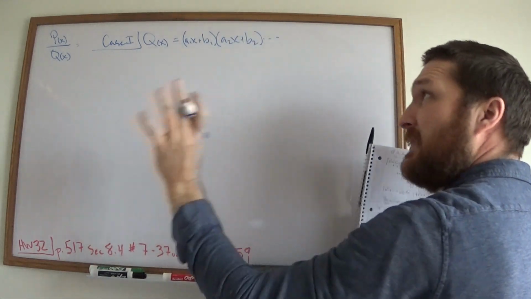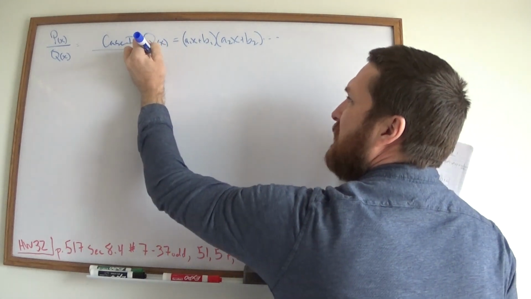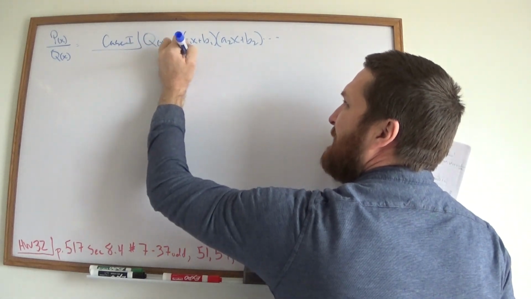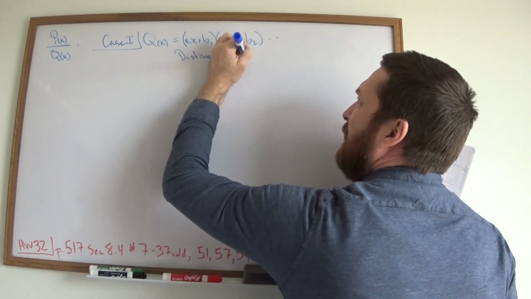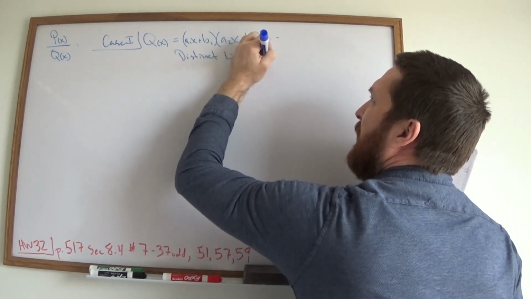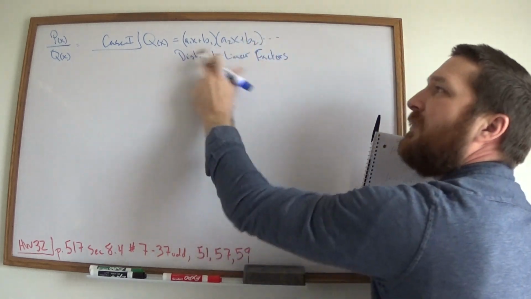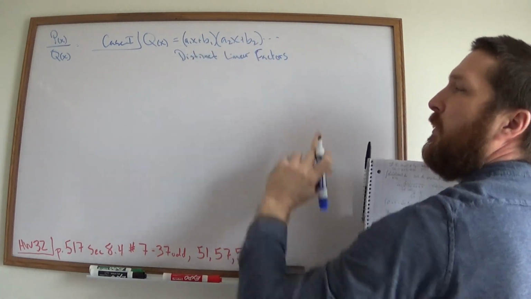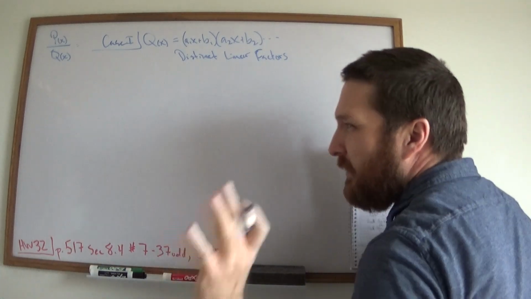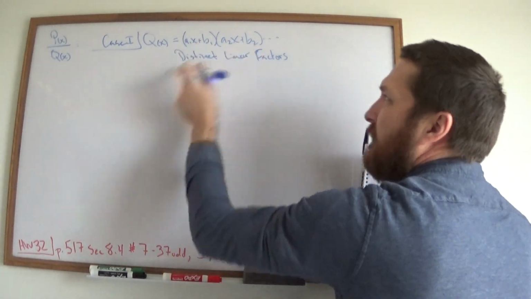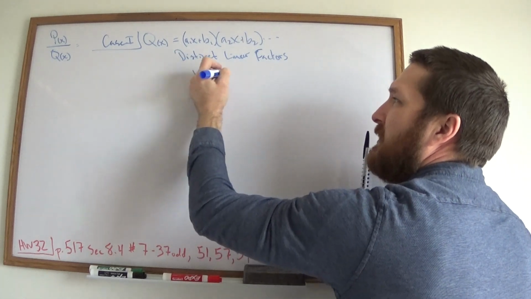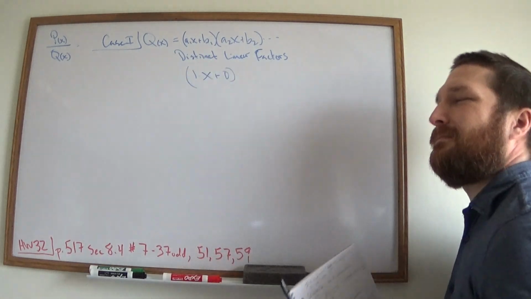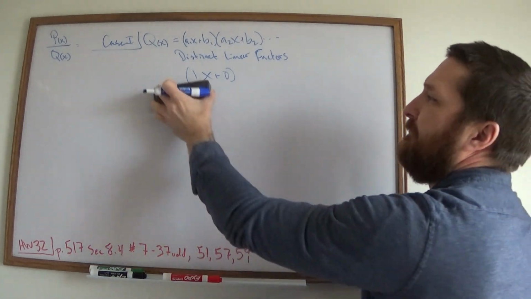Now, this is the case where q factors into distinct linear factors, and they're all different. None of them are repeated. One thing to keep in mind is that x itself is a linear factor. It just happens to be the case where it's 1x plus 0, like that. That could trip you up, but anyway.